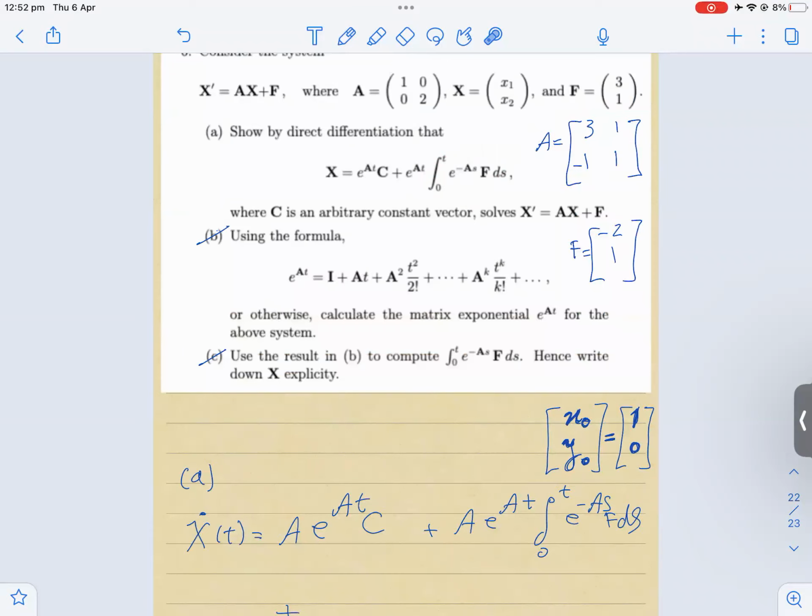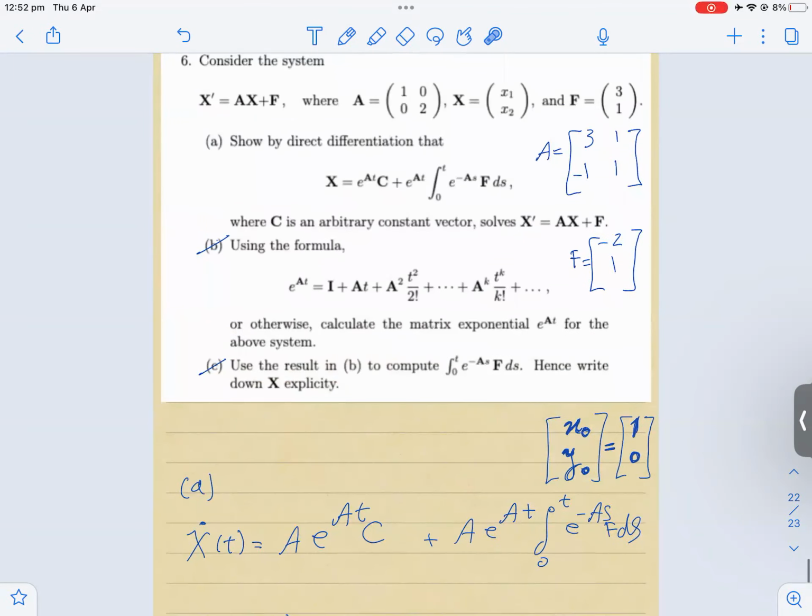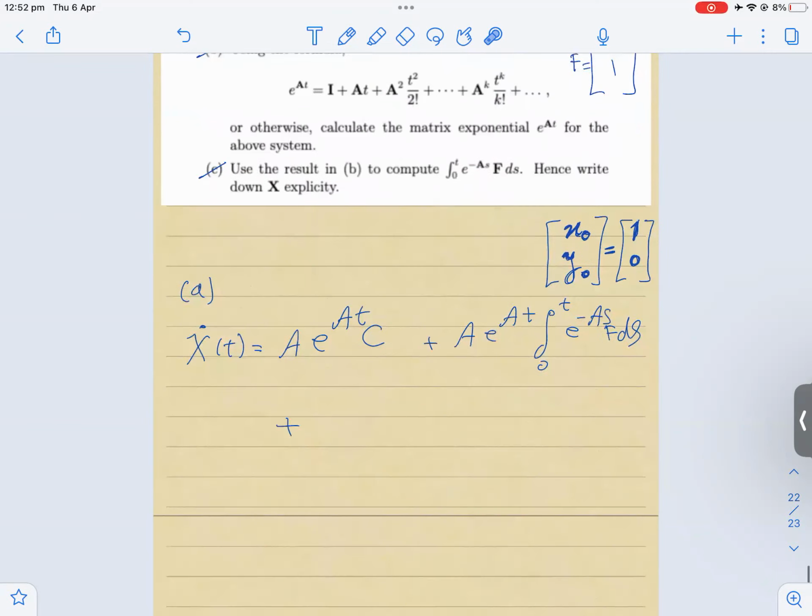By the first principle of calculus, this will be e to the minus At times f. Outside I will write this guy, then times the derivative of the integral, which will be e to the At times e to the minus At f.